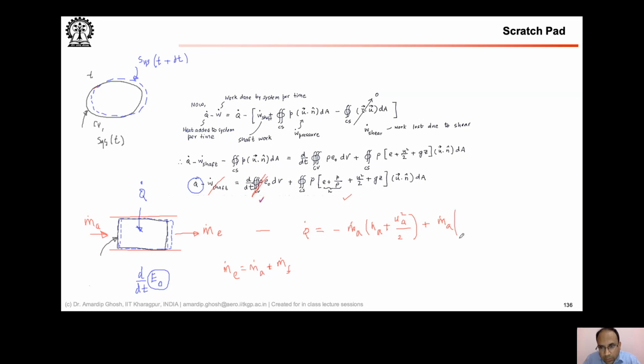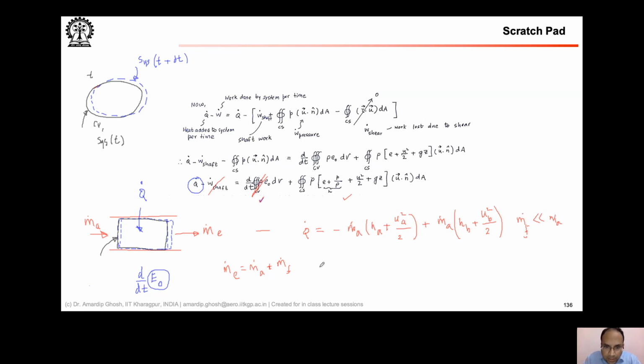This is an approximation. We are saying that m dot f is very small. A lot of times confusion is because authors, or whoever is describing something, are not mentioning the assumptions properly. M dot f is much smaller than m dot a.